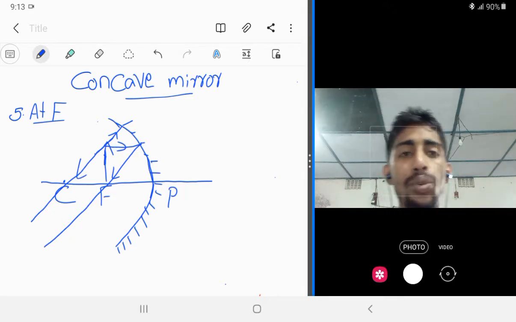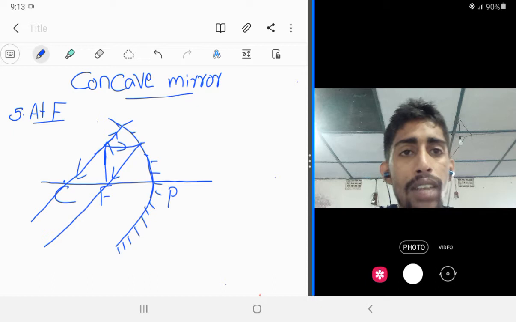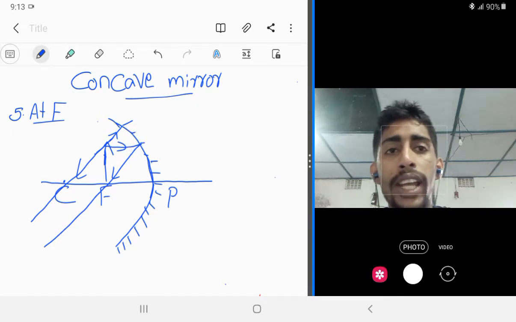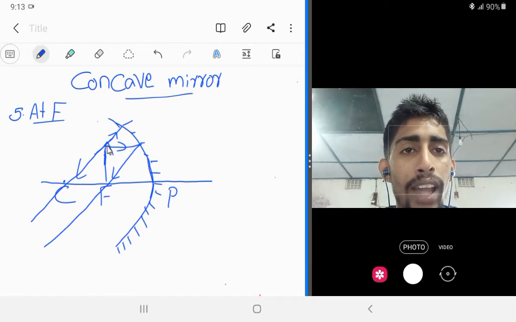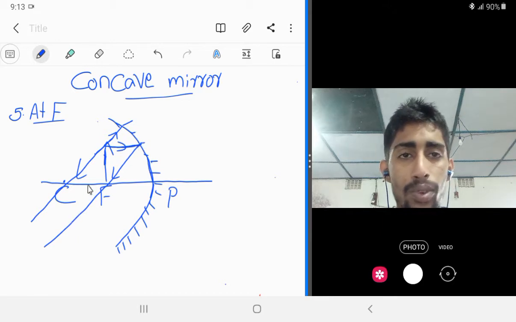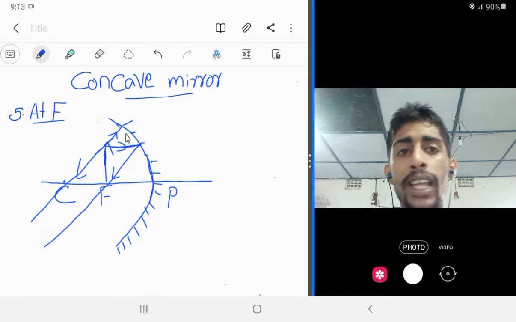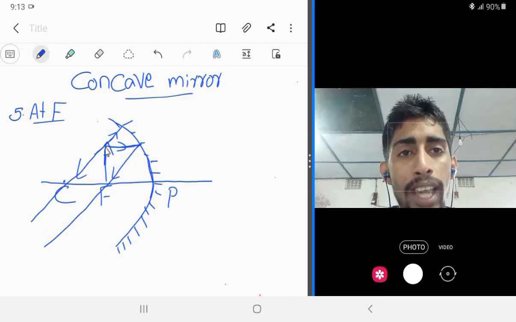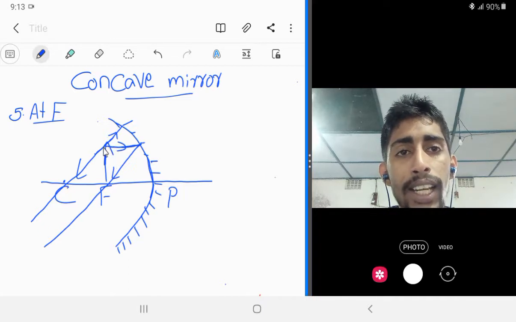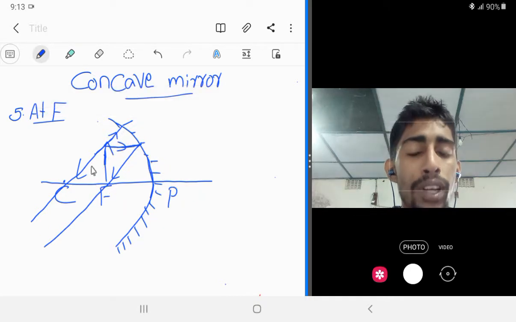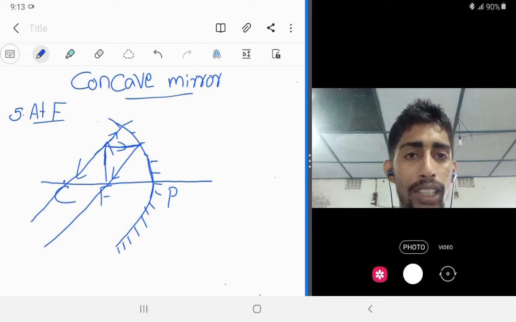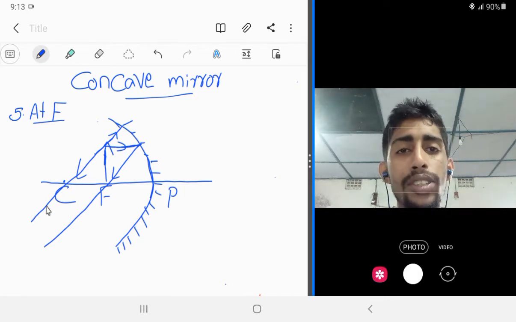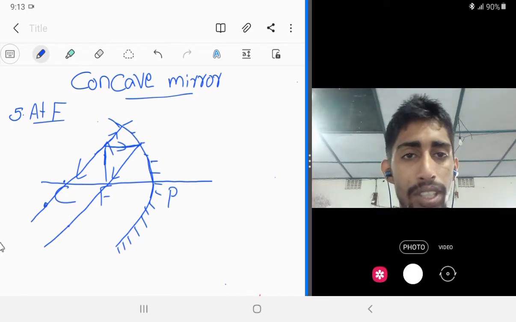So here two rays of light we are considering. First one, the ray of light which is parallel to the principal axis, after reflection will pass through the principal focus. And second one, the light ray which is in the direction of the center of curvature, after reflection will reflect back in the same direction. Then look at these two ray diagrams.